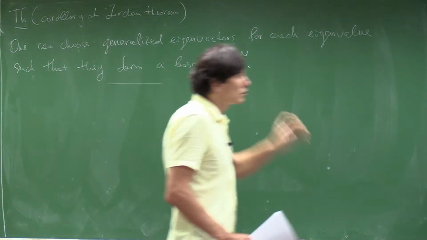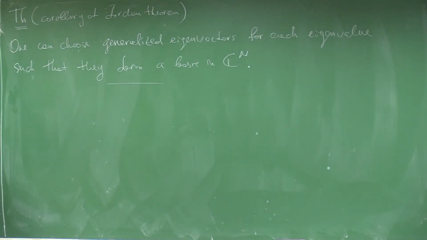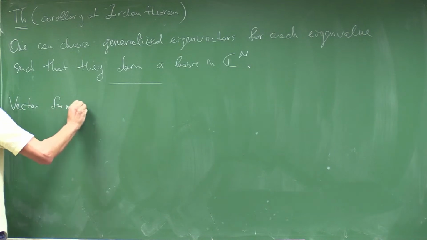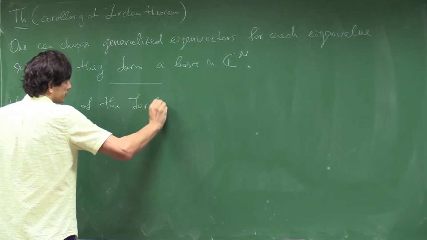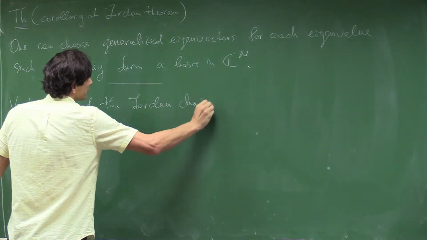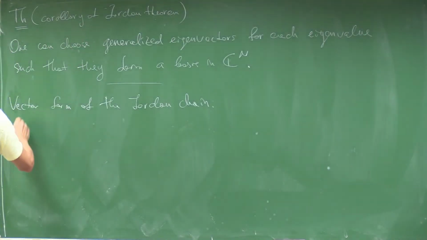So first let's write the vector form of the Jordan chain. Let's take this Jordan chain. Remember what it is.